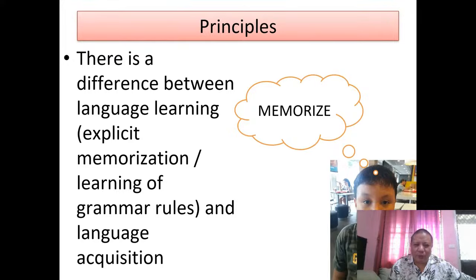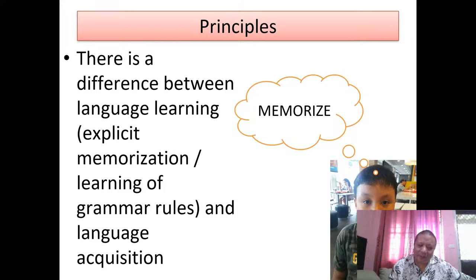Also, another principle of CLT is that there is a difference between language learning, or explicit memorization and learning of grammar rules, and language acquisition. Class, you probably realize that this came from Stephen Krashen's first hypothesis, the acquisition versus learning distinction.